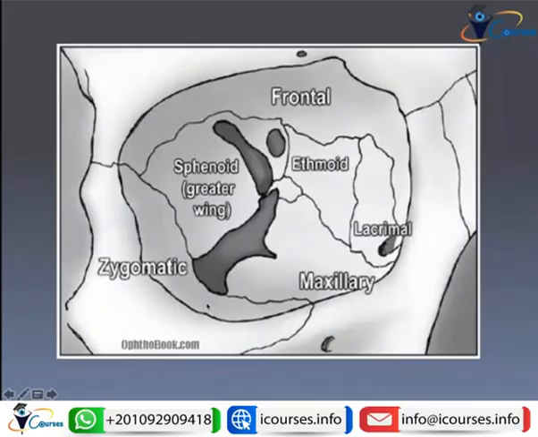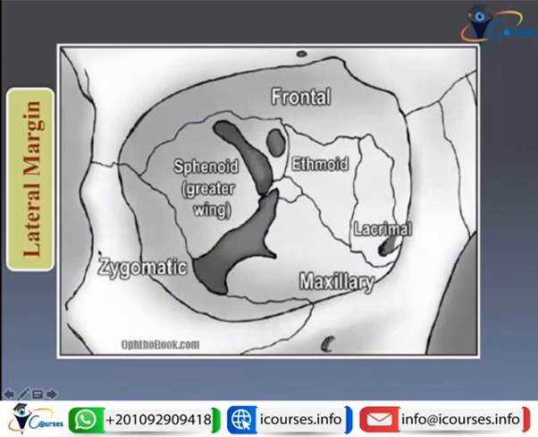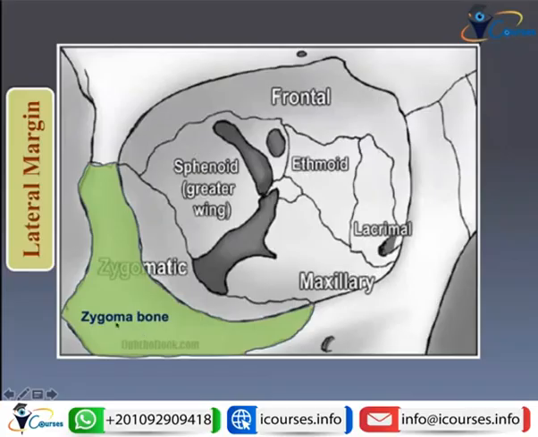So what are the bones making the orbital edge or the orbital rim? We have the lateral margin made of the zygomatic bone and the zygomatic process of the frontal bone. This is the frontal bone, it gives a zygomatic process and a maxillary process. The zygomatic process of the frontal bone and the zygomatic bone, both of them make the lateral margin.